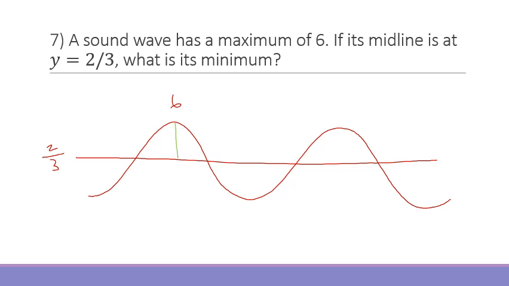So that's 5 1/3. So if we're starting at 2/3 and we want to go down 5 1/3, right? So 2/3 minus 5 1/3, and that puts us at -4.